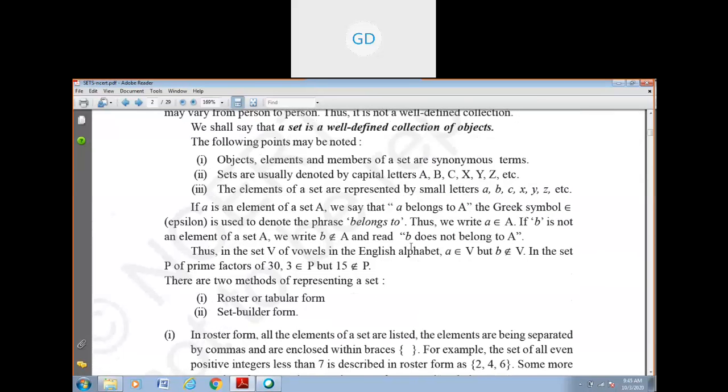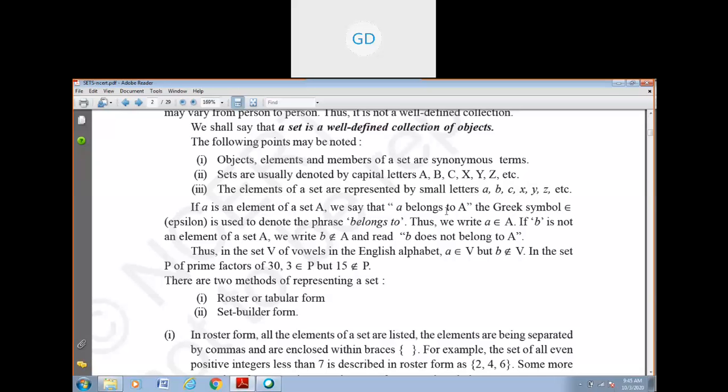Now let's become familiar with a symbol. You see here on the screen, this line says: if a is an element of set capital A, we say a belongs to A. That means when an element lies in a particular set, then we say the element belongs to the set.